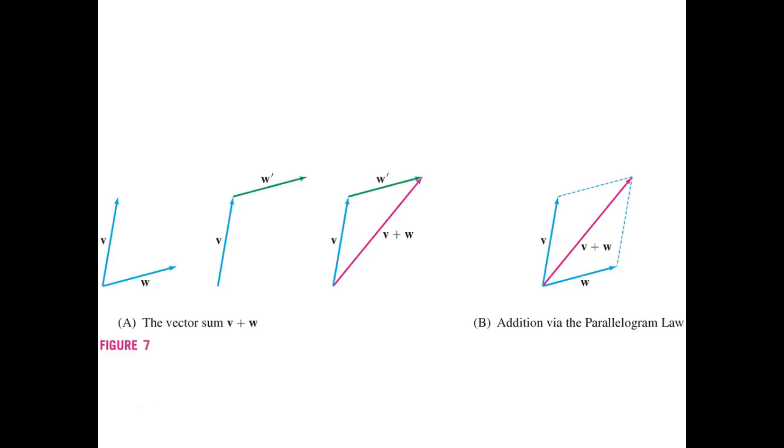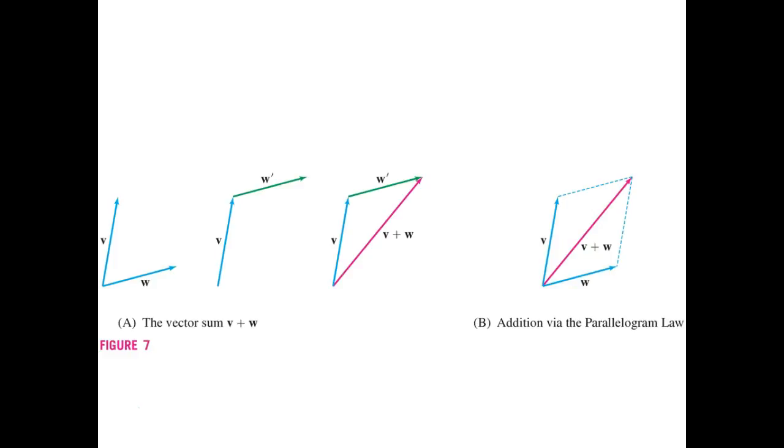That's what they're calling W prime. Then your sum vector is going to start at the initial point of V and go to the terminal point of W prime. That's your sum, V plus W.